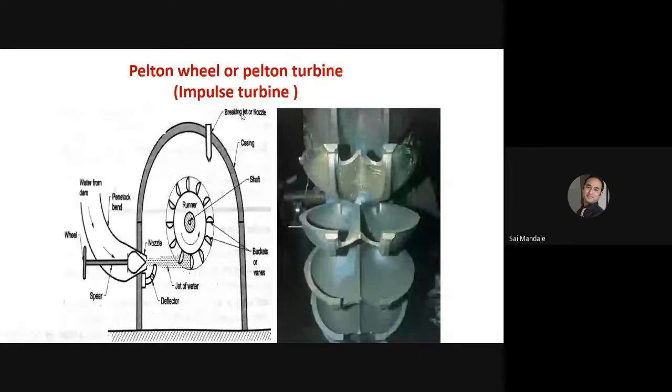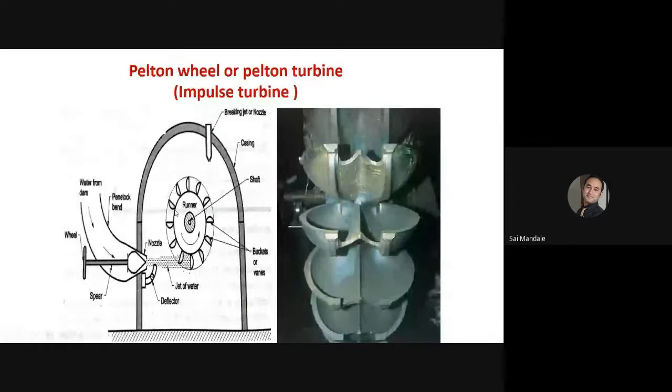This is the shaft of your turbine. Now coming to the turbine. On the shaft of the turbine, the runner is installed. The runner is nothing but a round disc, and on that disc, cups or blades are installed.